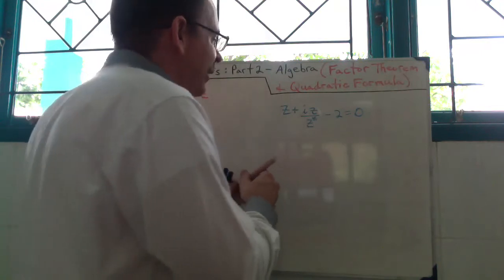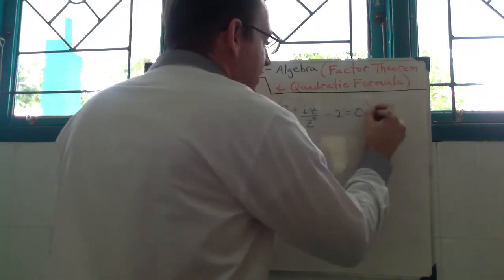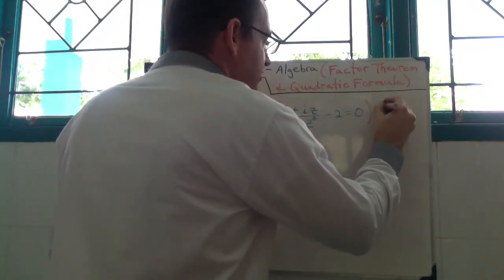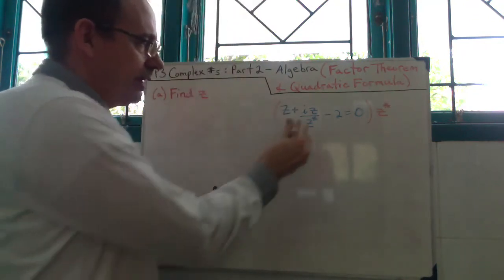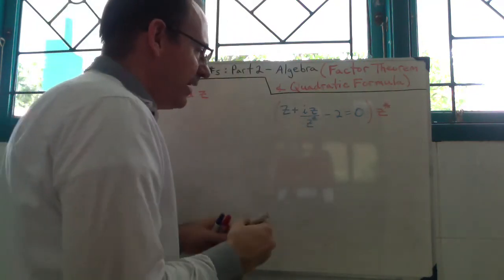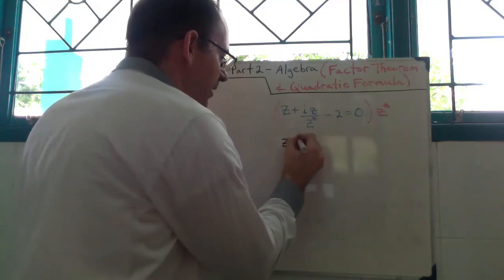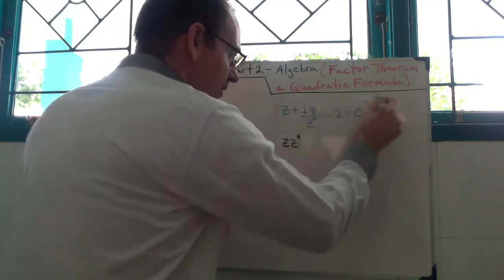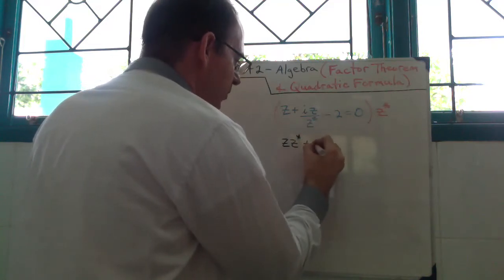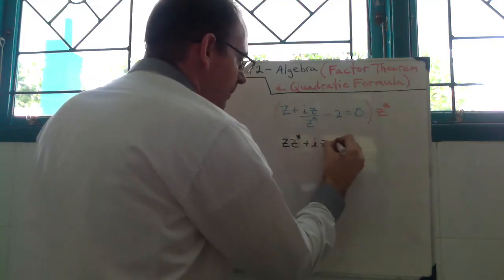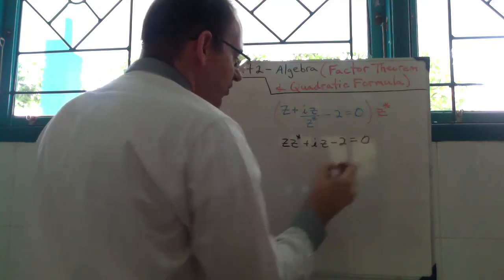So we're going to multiply everything by z asterisk or z star so that we can cancel out what we have here. So we end up with z times z star. Here they cancel, so that just leaves us with iz minus 2 equals 0.